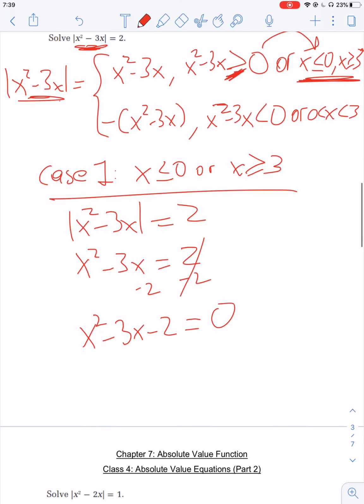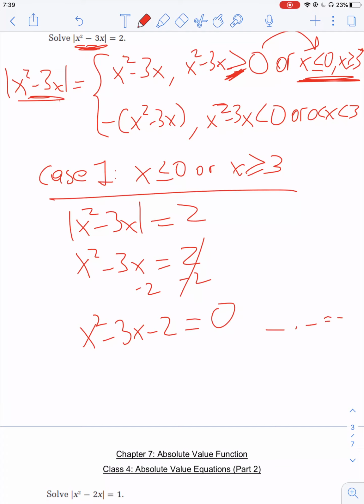And product sum, I'm assuming it's not going to work here. Okay, so two numbers that multiply to negative 2 and add up to negative 3. I don't think that's possible, or is it? Yeah, it's not, okay?